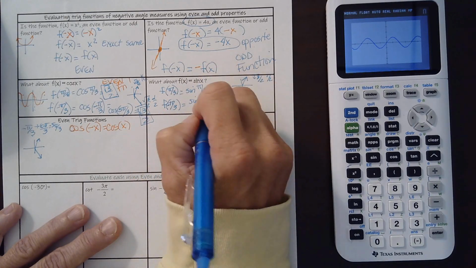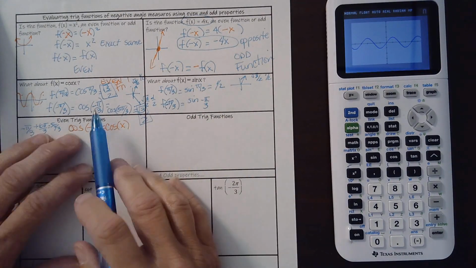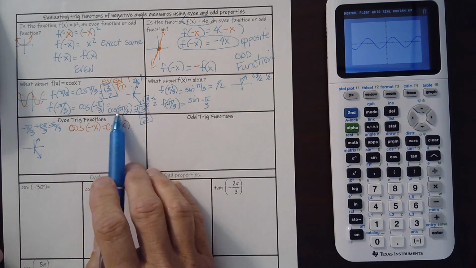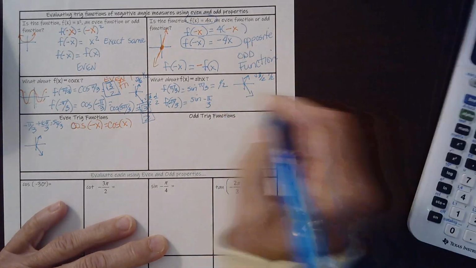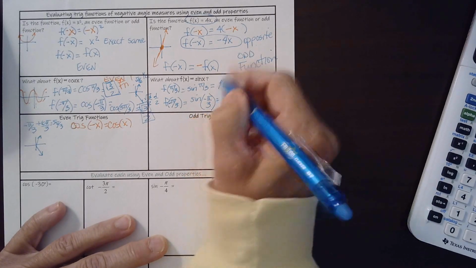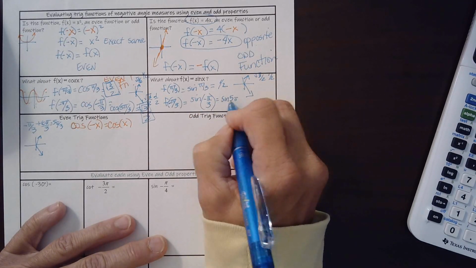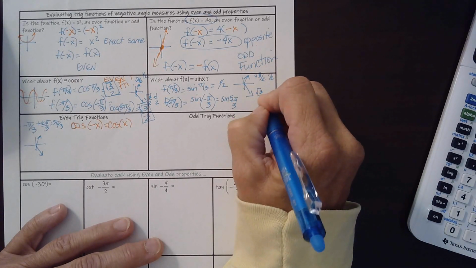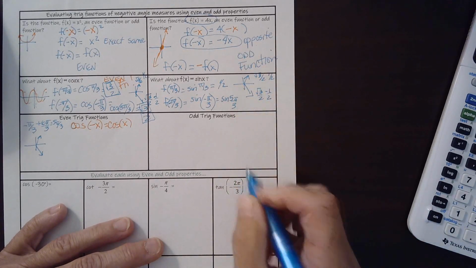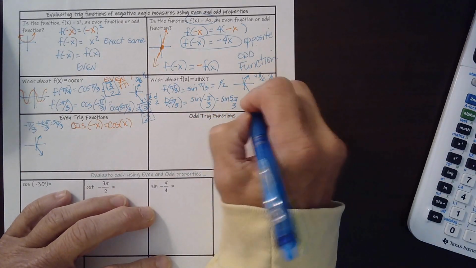Now, let's evaluate sine at the opposite of pi over 3, which is negative pi over 3. So sine of negative pi over 3, well, we did the work over here. We know that a coterminal angle, a positive angle measure would be 5 pi over 3. So 5 pi over 3 is here. And the ordered pair is square root of 3 over 2, negative 1/2. And sine of 5 pi over 3 will be negative 1/2.